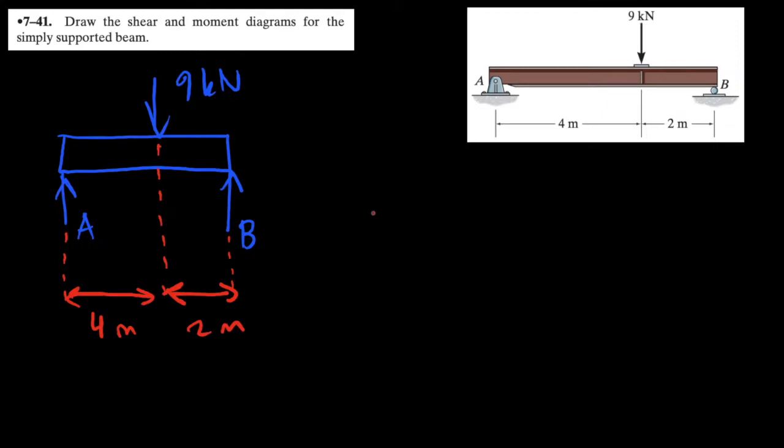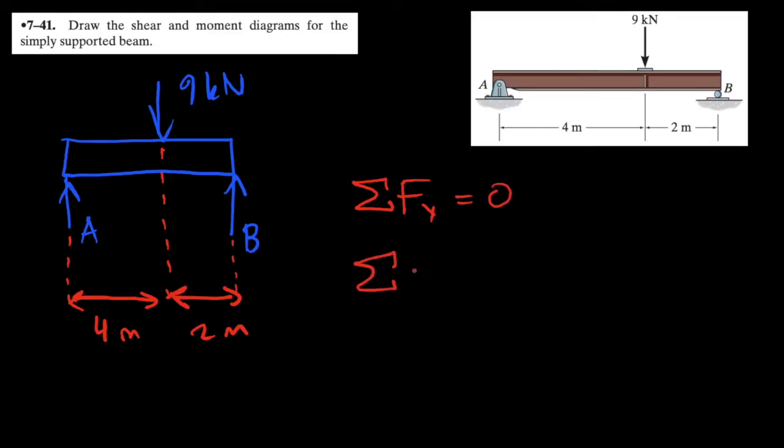Now we have enough information to solve this equilibrium problem because we have the two unknown forces, but we know that since it is in equilibrium, the total summation of forces in the y direction is equal to 0, and we also know that this total summation of moments is also equal to 0.